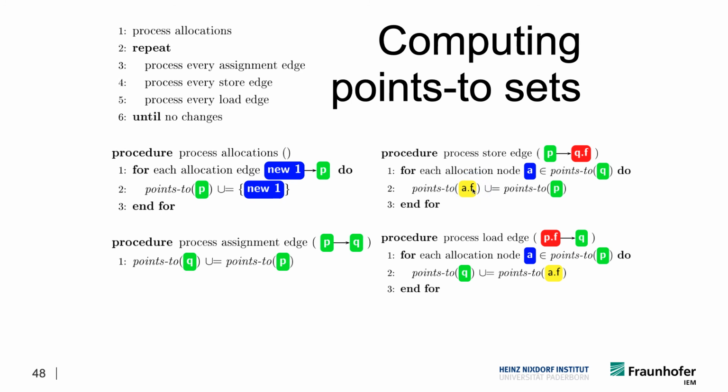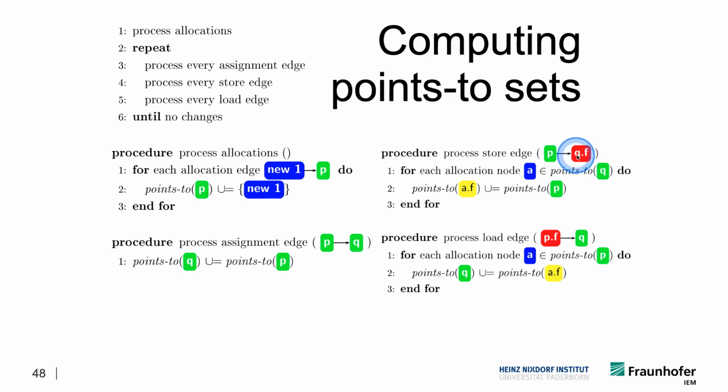So in particular, when you have such a store edge here where the value of P is being assigned to Q.F, we are now doing some recursion. So we are looking at all the allocation nodes A that are currently in the points-to set of Q. So that's the Q object here whose field is being assigned.